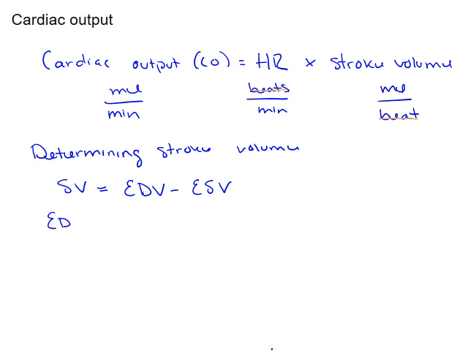So EDV, which is end diastolic volume, is the amount of blood in each ventricle at the end of diastole, so right before systole when that ventricle contracts.